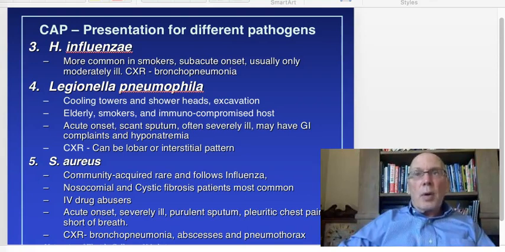Purulent sputum is noted, and pleuritic chest pain is frequent, and there is marked shortness of breath. Chest X-ray demonstrates a bronchopneumonia, may also show abscesses, and spontaneous pneumothorax can occur, requiring chest tube placement.